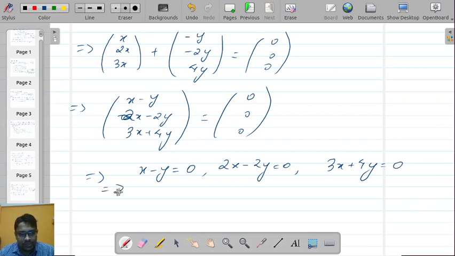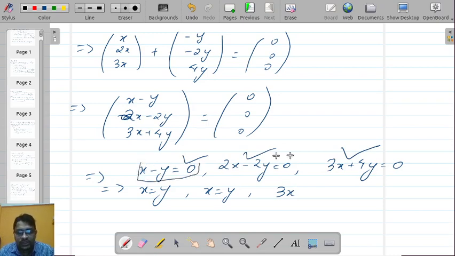From the first one I get x equal to y, from the second one also I get x equal to y. So I put it in the third one, because all these three are simultaneously satisfied. Whatever I get from here, I can always put in the next, because these three have to be simultaneously true. So x equal to y, so instead of y I can put x, so this gives us 7x equal to 0, so x equal to 0.